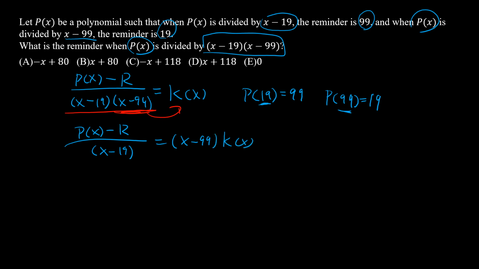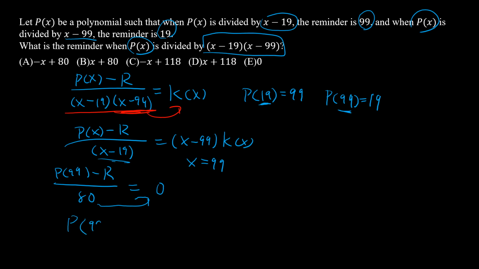After we get this, we plug in 99 for x, and we get P(99) minus r equals 99 minus 19, which is 80, times 0 times k(x), which gives you the whole thing as 0. You can simplify this by multiplying the 80 in there, so the whole thing will be P(99) equals r.